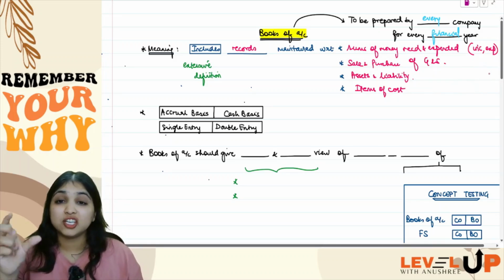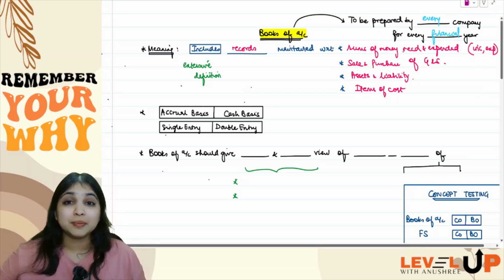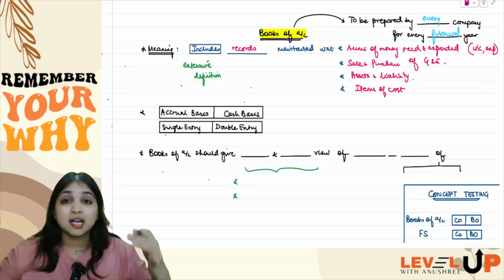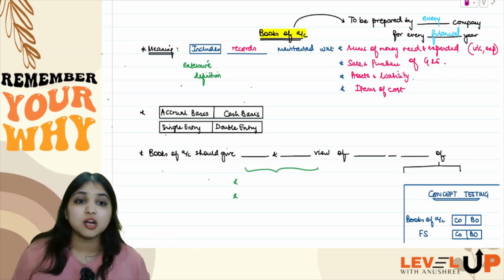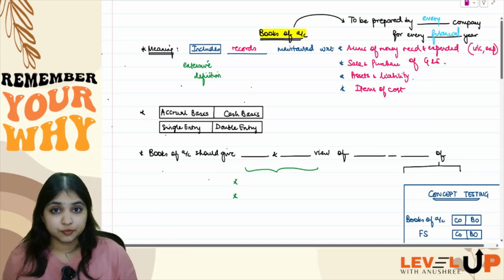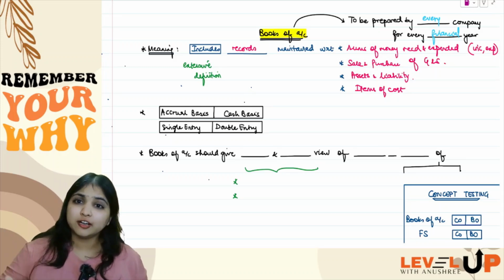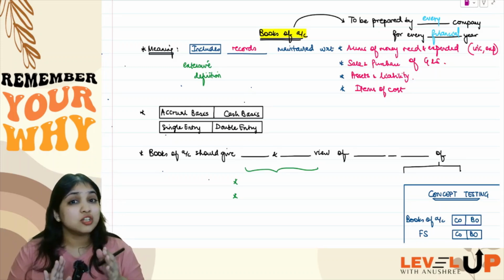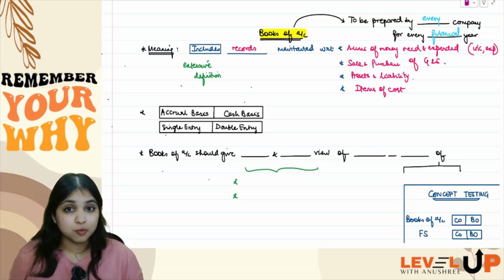So that journal entry, the journal book will come under books of accounts. Then the company would be having sales and purchases. Company will maintain day books, your subsidiary books, sales book, purchase book, even that will come under books of accounts. So books of accounts includes your journal, your ledger, your day books, your trial balance. So till the trial balance, whatever the company prepares, it all comes under books of accounts.